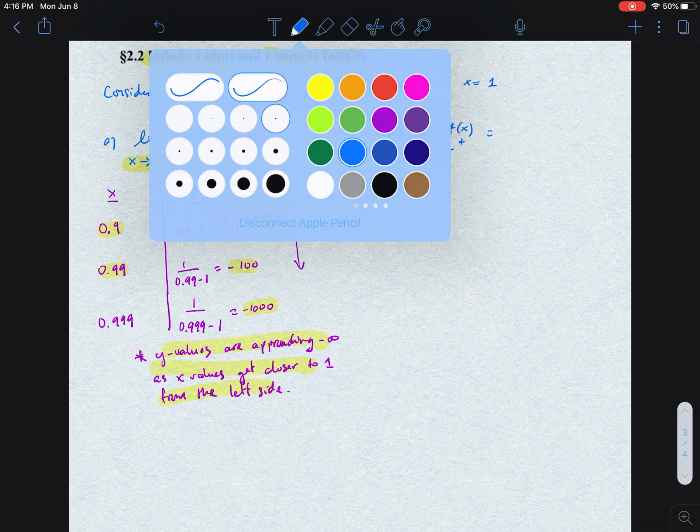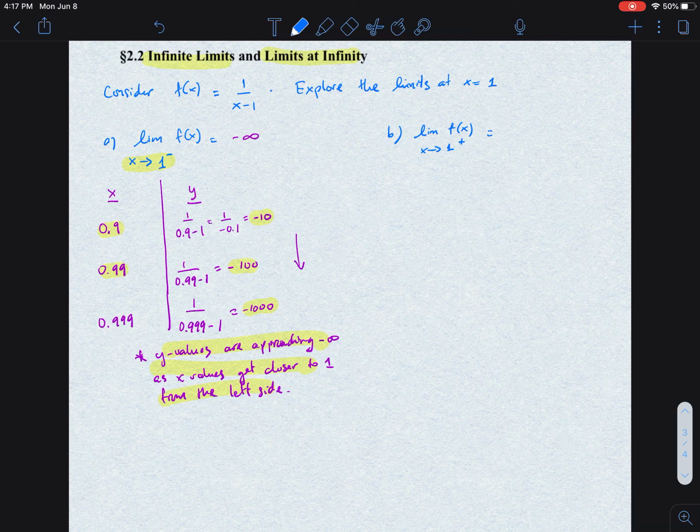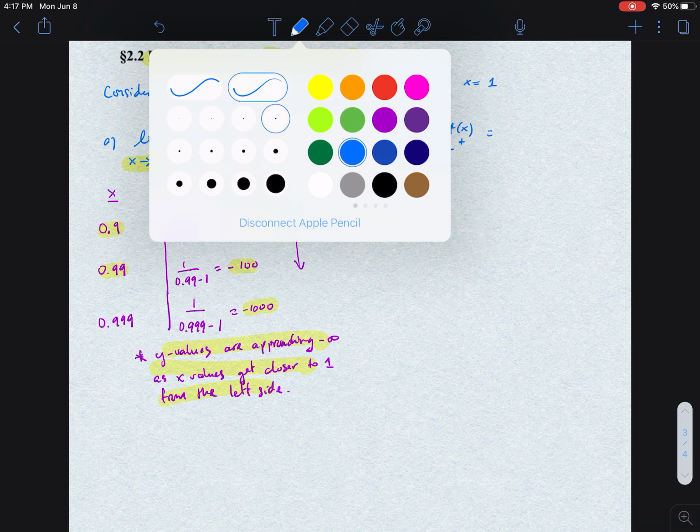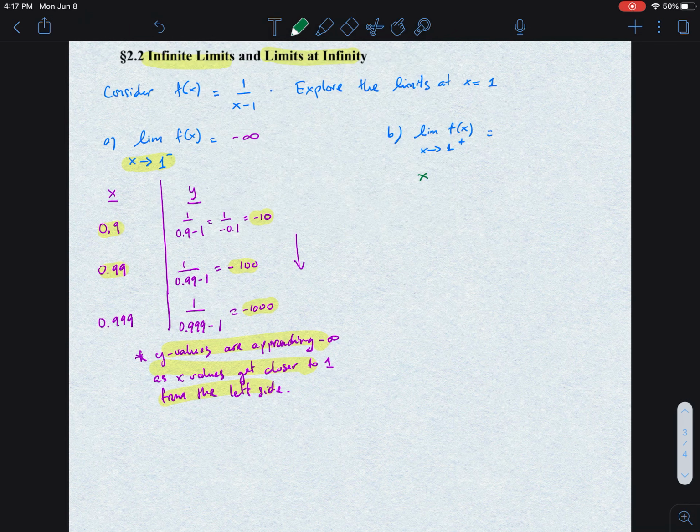Now let's observe the limit of the function by approaching 1 from the right side. Let's create a table again. If we want to look at x values that are closest to 1 but from the right side direction, perhaps we should look at maybe 1.1 to start out.